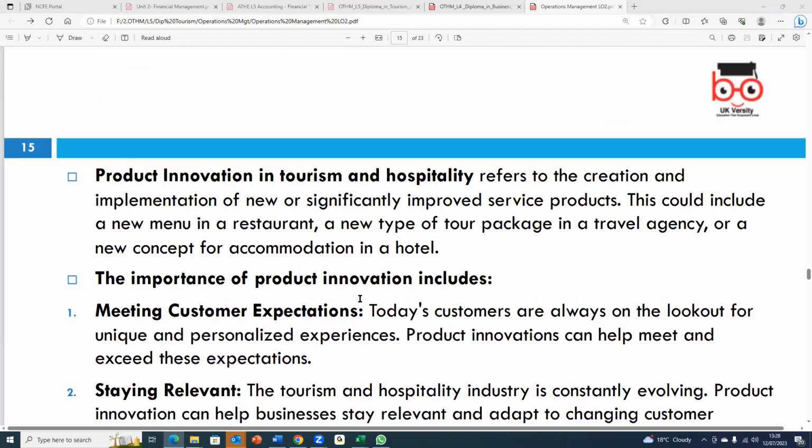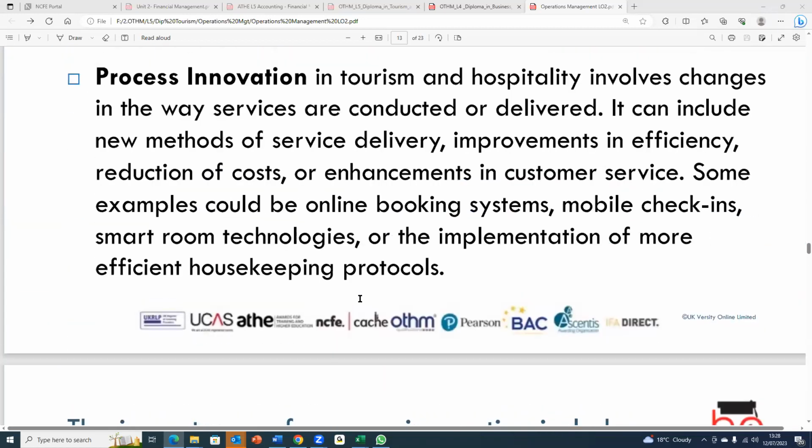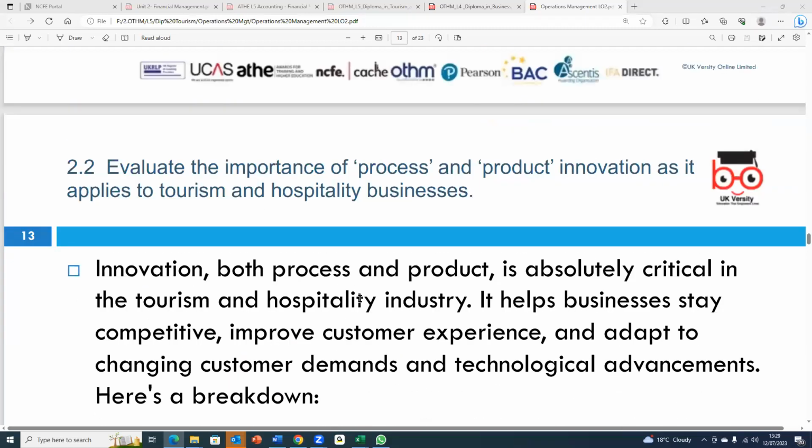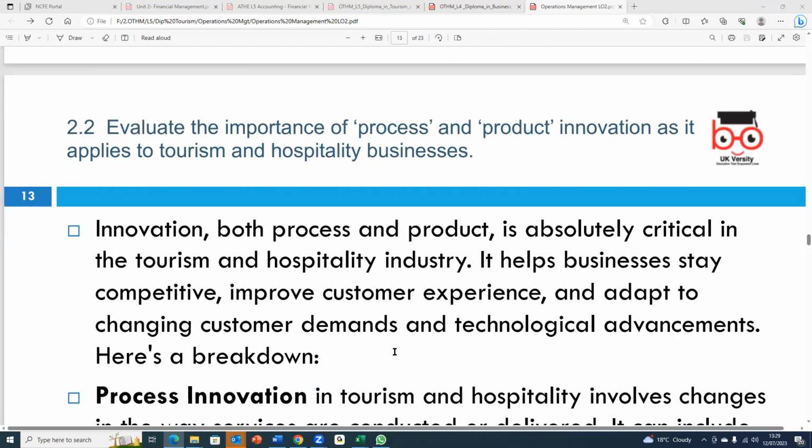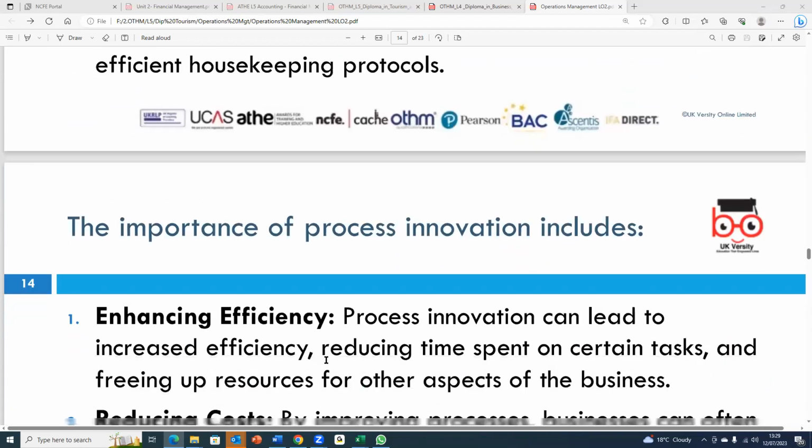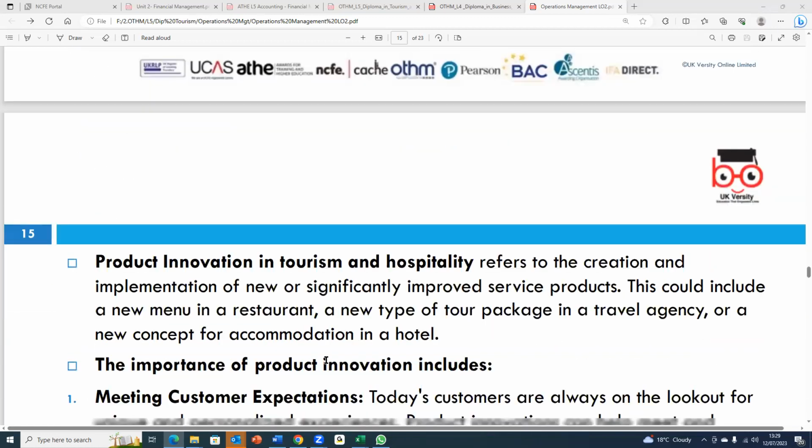So all in all, 2.1 tackles the importance of process and product innovation, i.e. new ways of doing business, new ways of staying ahead of the game, new ways of attracting customers, making sure that you adapt to the changes, the demands, and technological advances, and that your systems, procedures, and policies meet the requirements of the tourism industry.